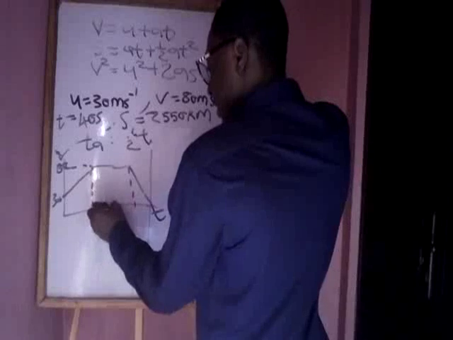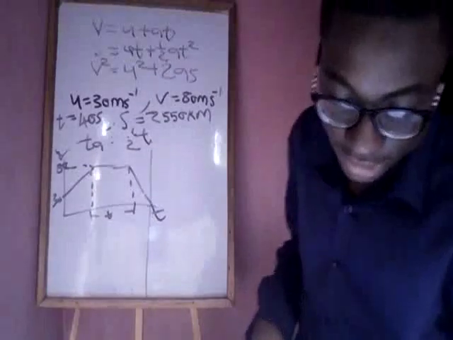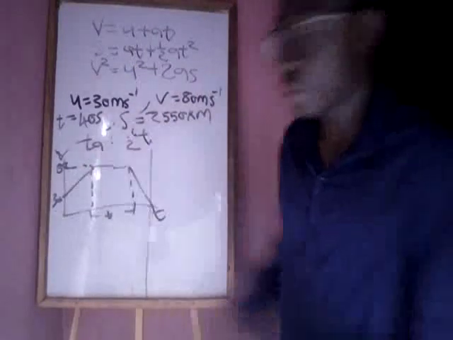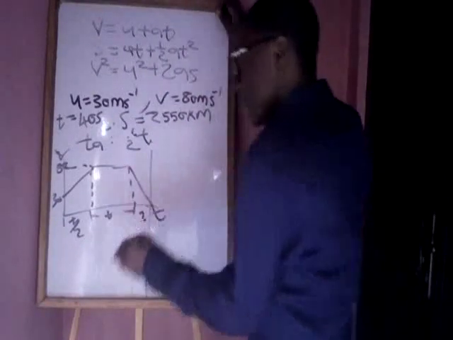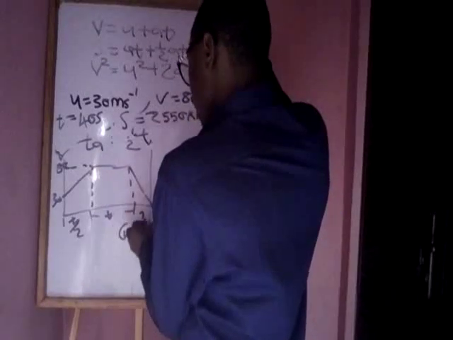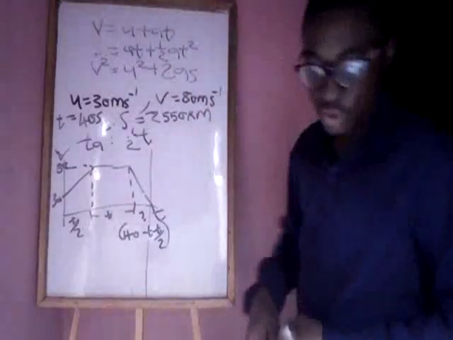This part was when it was accelerating, when the graph was going upward, so this will be T over 2. We're told that the total time taken for the journey is 40 seconds, so let's assume this other part is unknown. That means it will be equal to 40 minus T over 2. I like the progress of this equation.